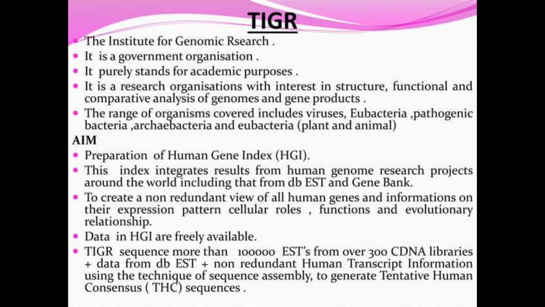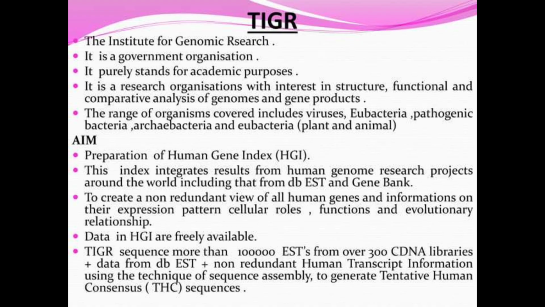Another one is TIGR. TIGR, the Institute for Genomic Research, is a government organization. It provides information on the structural, functional, and comparative analysis of genomes and gene products for academic purposes as well as for research. The range of organisms covered by TIGR includes viruses, bacteria, eubacteria, pathogenic bacteria, archaebacteria, and eukaryotes of plants and animals.